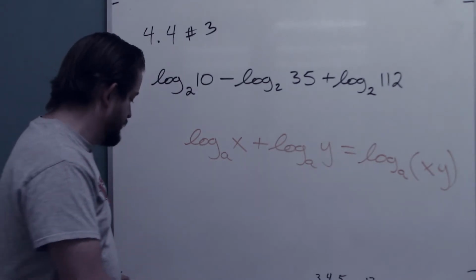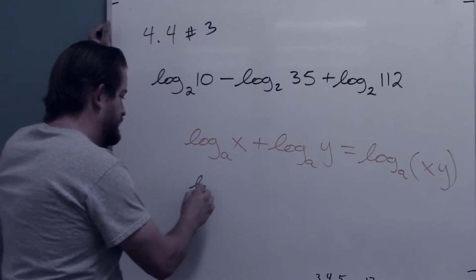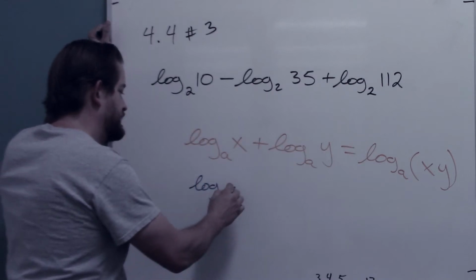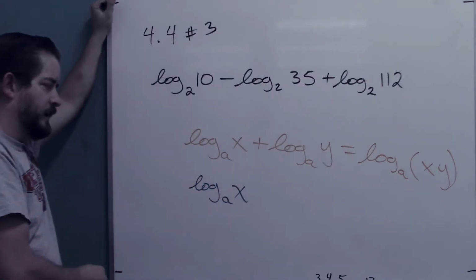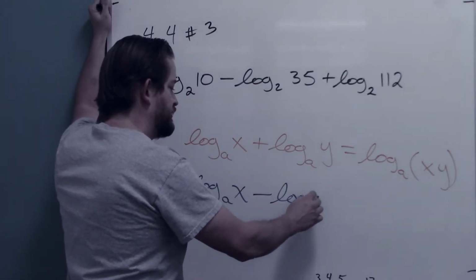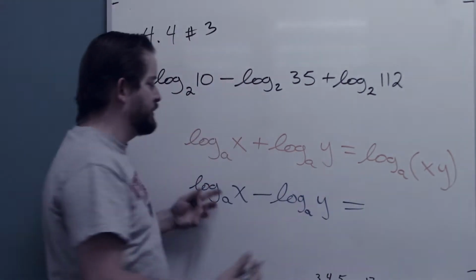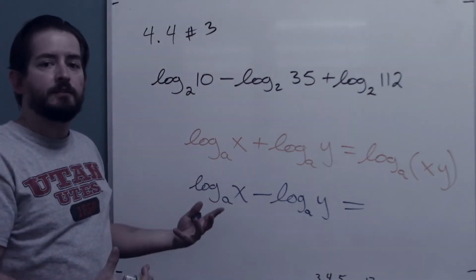In addition to that, very similarly, you can probably recognize the similarity here. If I have the log base A of x minus the log base A of y, because we're dealing with exponents here, this minus is really like a negative exponent.